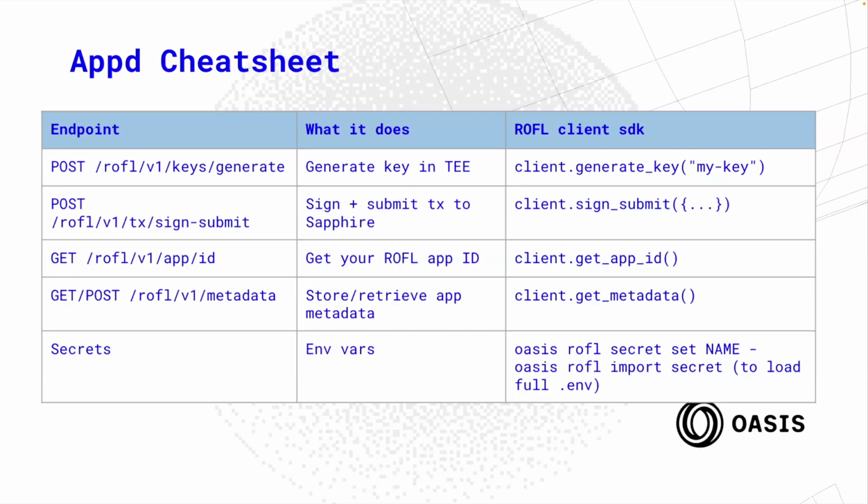Also have that in the client SDK. And then we have also other endpoints. One is the ID and the metadata. So for metadata, you can actually enrich on-chain metadata for your ROFL app. This can be helpful, especially for 8004, for example, that you can set your identity there. And yeah, the secrets are the other part which you can update in your app.